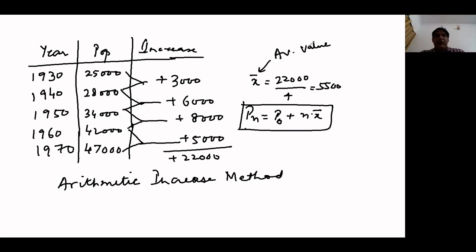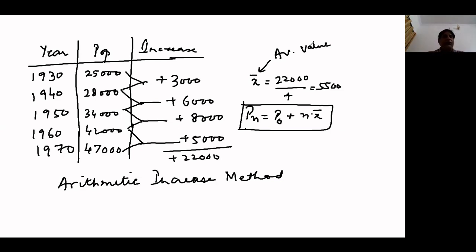Now, as it was discussed earlier, the middle portion, that is the BD part, shows a constant growth and it is shown by the arithmetic increase method. That is, the population every decade increases by a fixed value of 5,500.